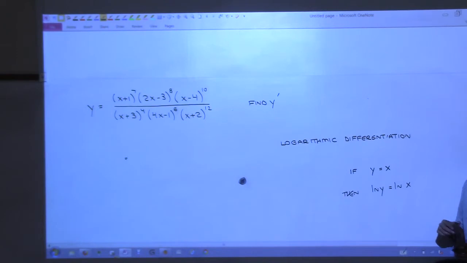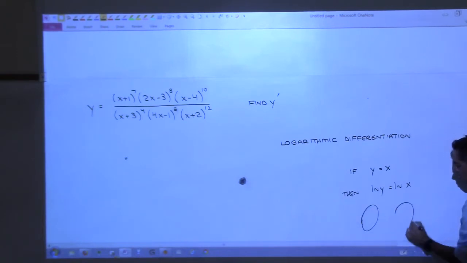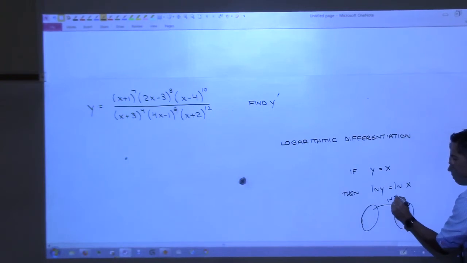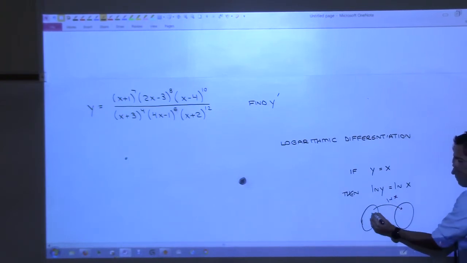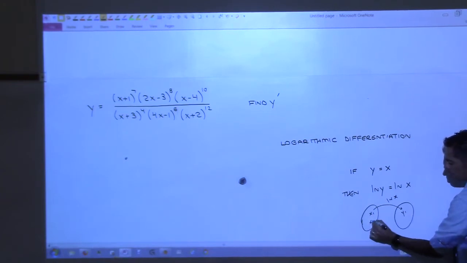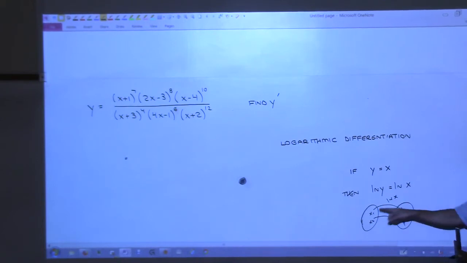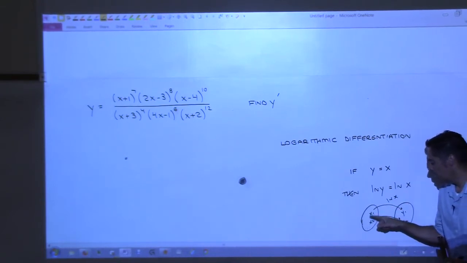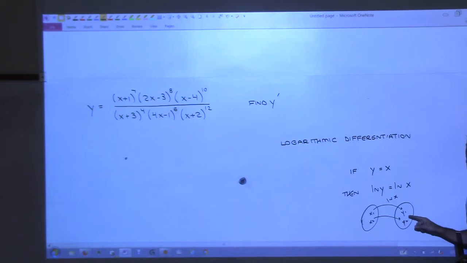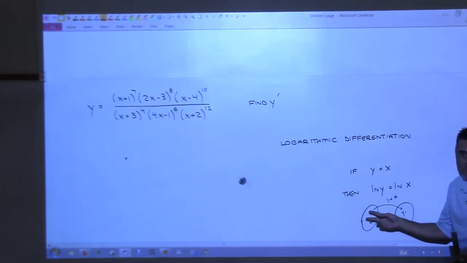But it just means that when you map something through the natural log function, every point here, every number here, goes to exactly one place here, and everything over here goes back to exactly one place here.